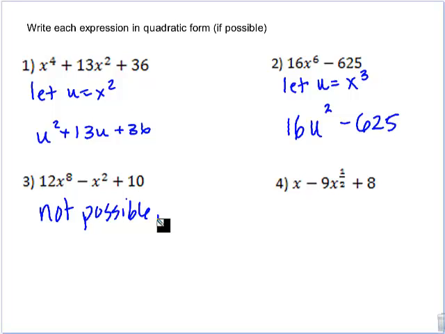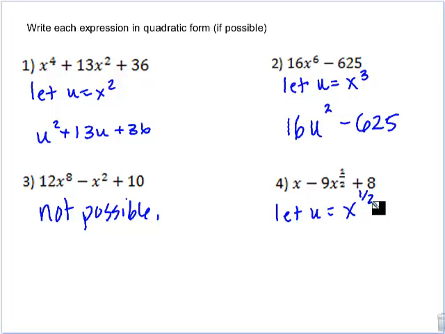Okay, so number 4, x minus 9x to the 1/2 plus 8. We can do this with rational exponents. That's no big deal. What would we have to let our u equal? Yeah, let u equal x to the 1/2.